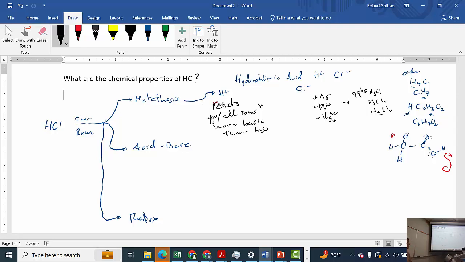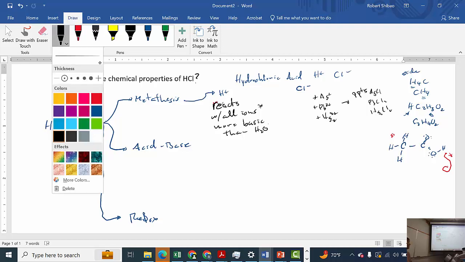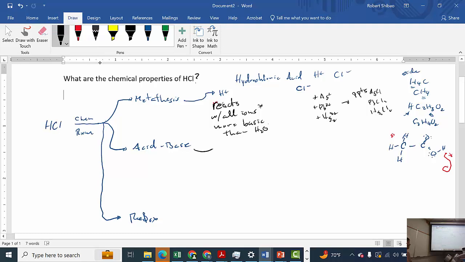All right, let's take a look at acid base. So this is it for metathesis and react with this. For acid base, we're going to say kind of the same thing here. H+ is an acid.